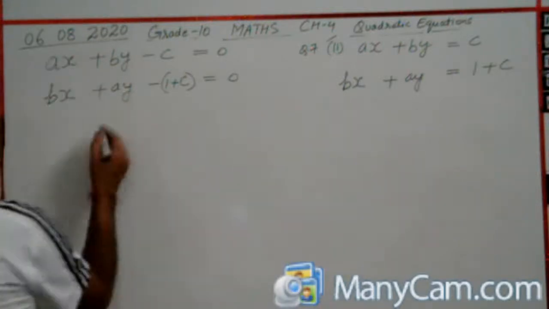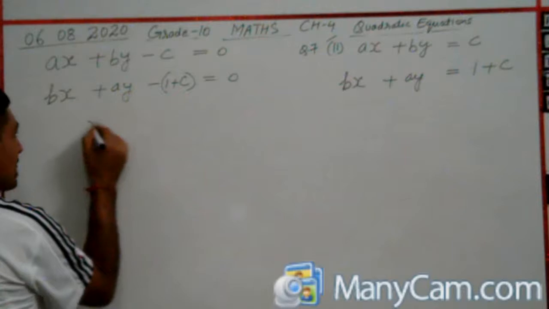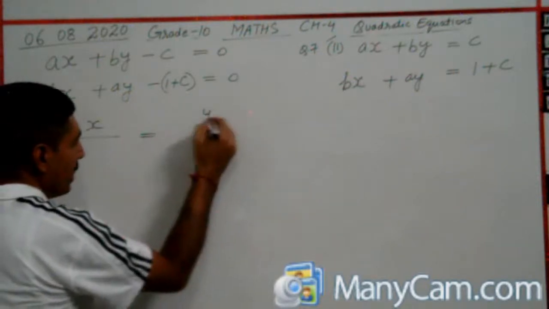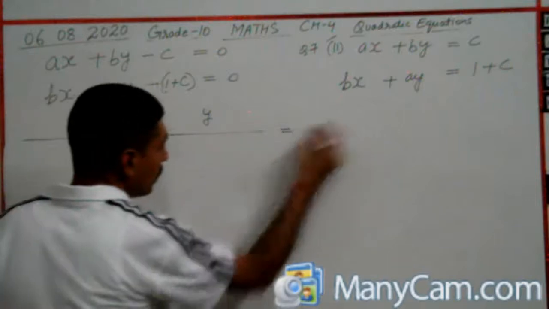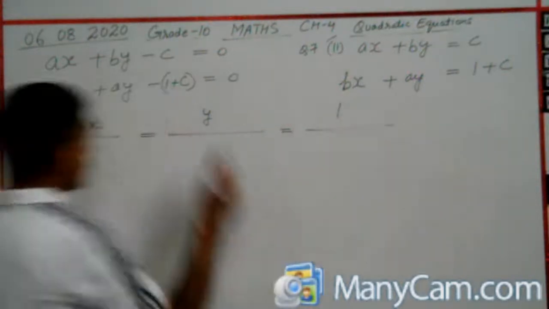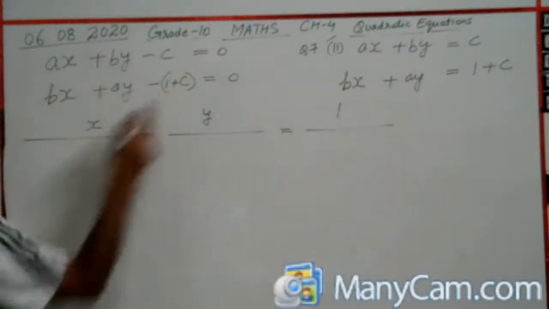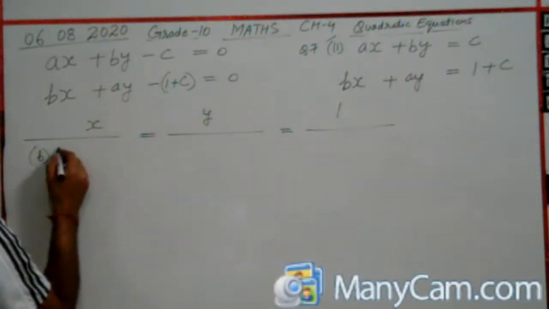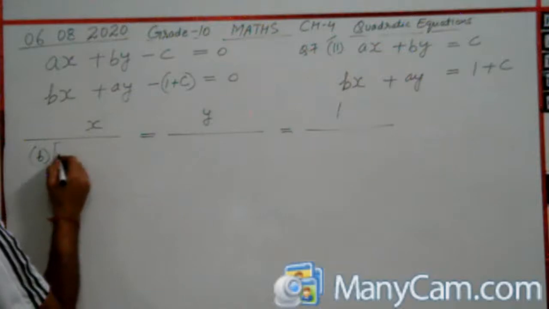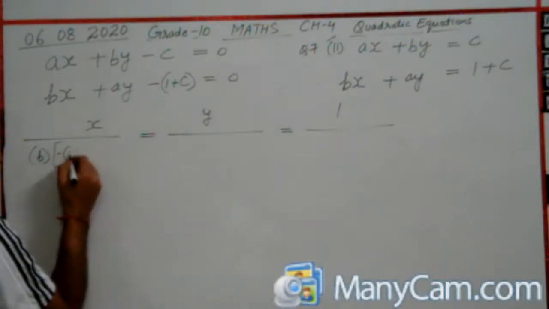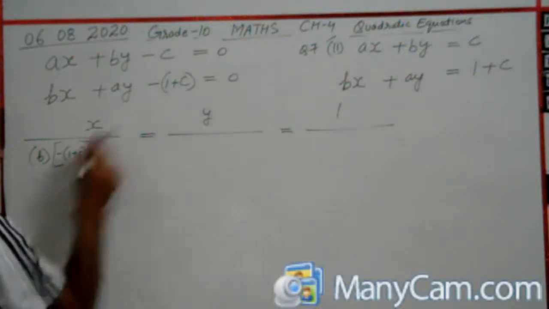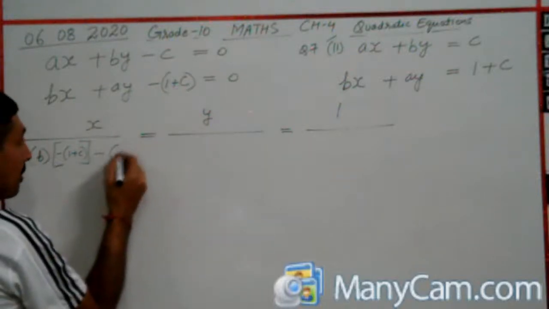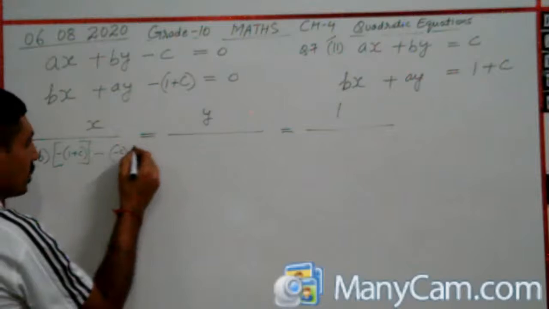So here, x upon, y upon, is equal to 1 upon. So here we have b into minus of 1 plus c. This is b1 c2 minus, that is minus of c into a.